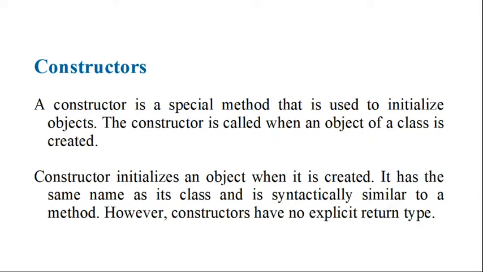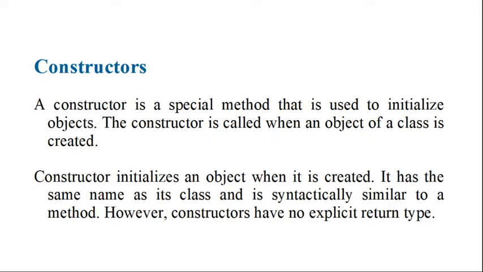Now a constructor has some characteristics. The first one is that the constructor name should be the same as the name of the class. The second characteristic is that a constructor does not return any value, so it does not have any return type. The third one, we don't need to call the constructor.